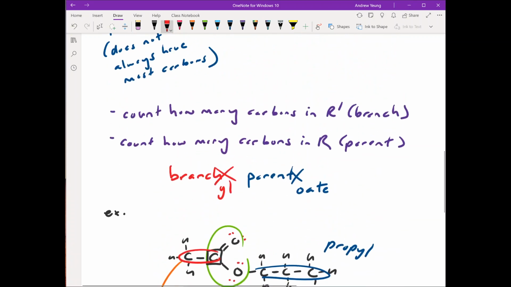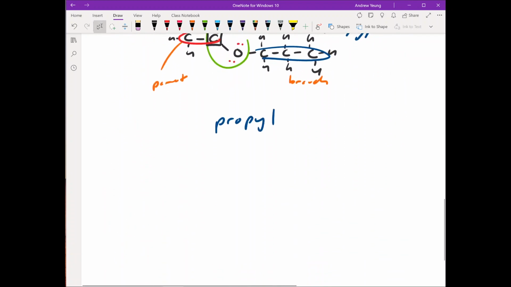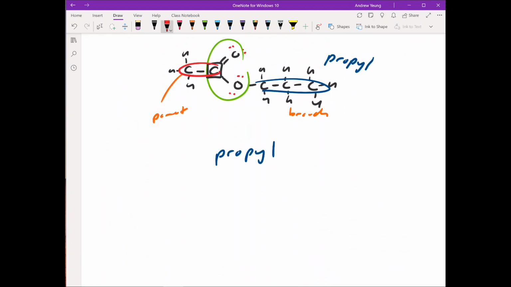So you notice, don't just count what's in the R chain, actually include that C. We have 1, 2 there. It would have been propyl ethane, but again, to tell me that we're in the ester functionality, we're going to change this ending to propyl ethanoate. So all you need to really remember for yourself is that no matter how long it is, the carbon side is the parent.